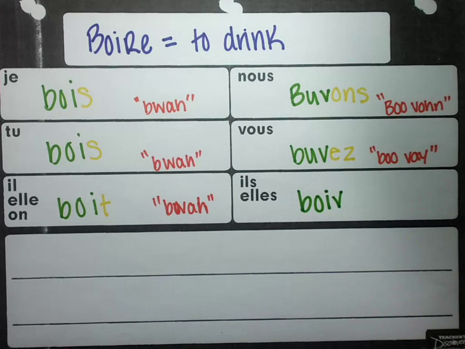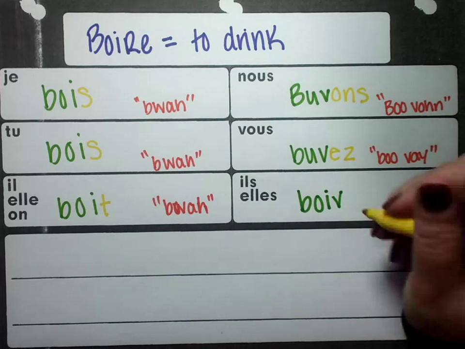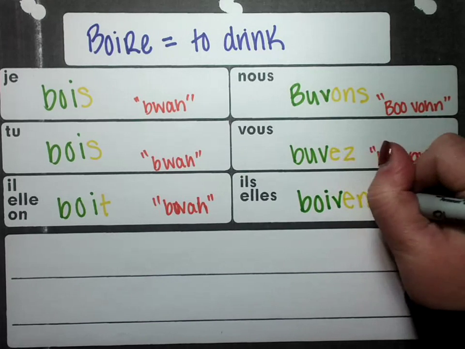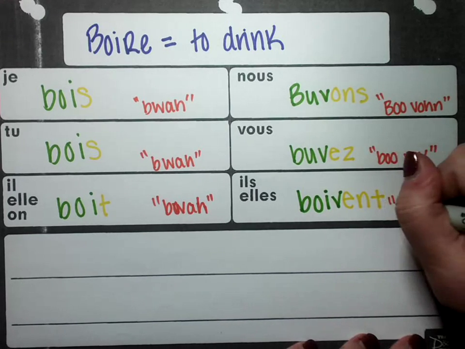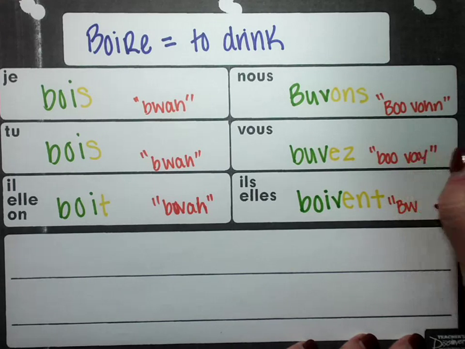So B-O-I-V is our stem, and our ending is E-N-T. So this one is boivent.